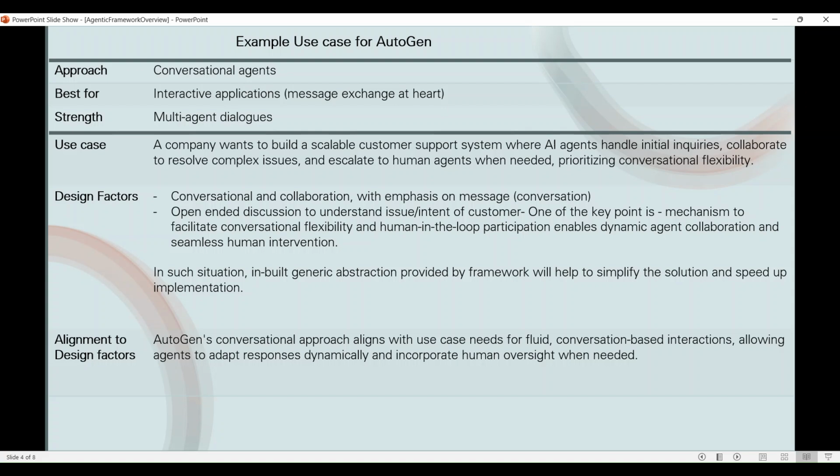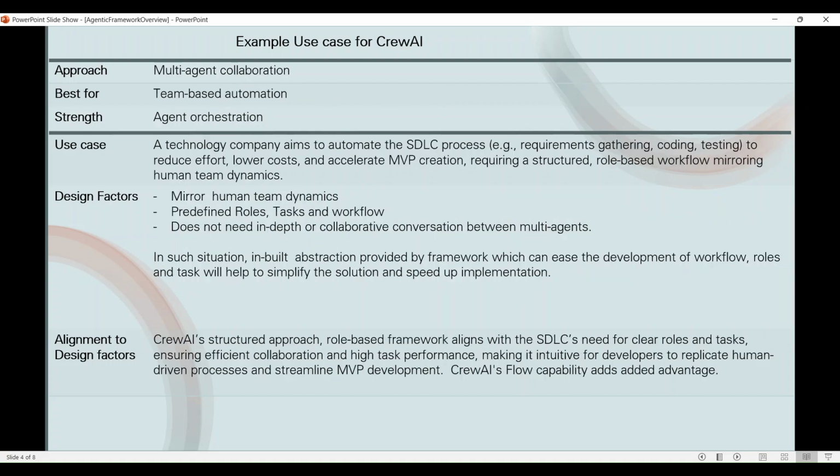So there will be a context. There is no well-defined path to reach the final objective. So it will be more like autonomous, collaborative, and message-exchange oriented. So to me, it looks like AutoGen is a good fit.